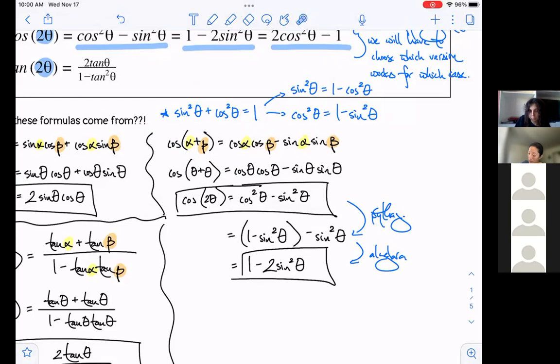Okay. So if I were to annotate this, I would say I used the Pythagorean identity, and then I used some algebra, and I got to 1 minus 2 sine squared. Now I can start at the same cosine squared minus sine squared. And this time, instead of substituting the cosine squared, I'm going to substitute the sine squared. All right, so I could also do cosine squared theta minus, instead of sine squared, I'm going to put 1 minus cosine squared.